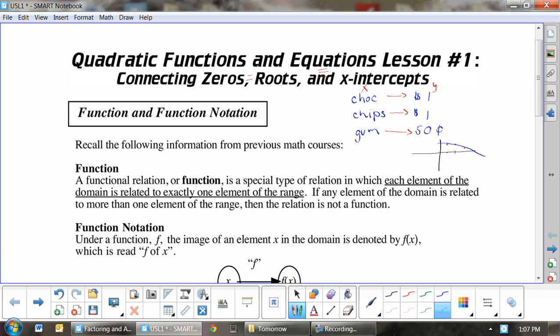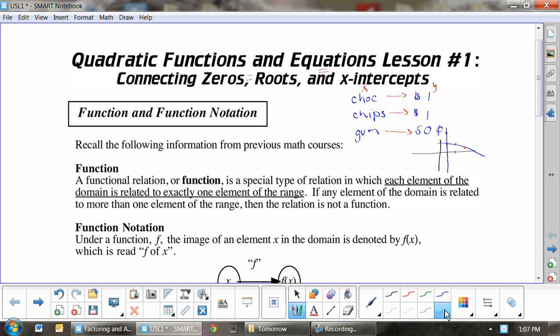It doesn't make sense if we have, okay, chocolate bars are $1, chips are $1, gum is 50 cents, and chocolate bars are also $2. Right? You can't draw that graph. It doesn't make sense. Yeah, it's just not a function. So I know it's a silly example, but if you can't remember it, this will help you.